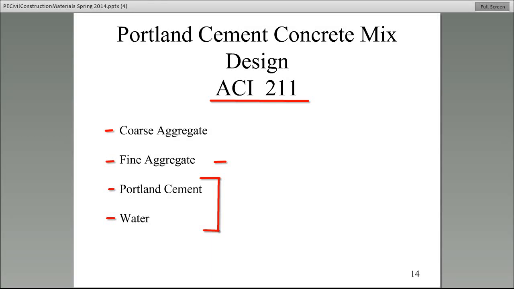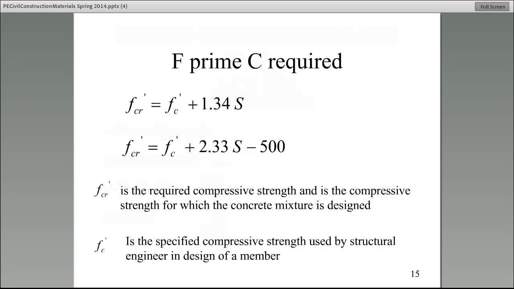That's basically what the process is. And the product, what we end up with, is that recipe that tells us how much of each of those four major ingredients we have to weigh to get, for example, 4,000 psi concrete.